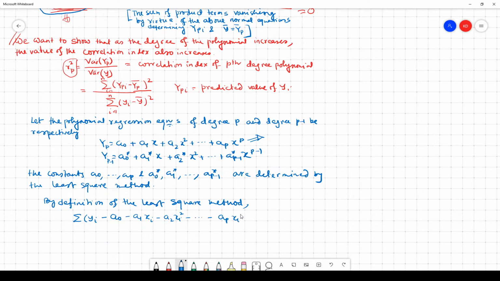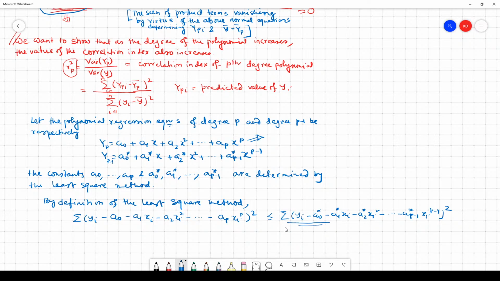...ap xi^p whole square. Now this should be less than or equal to the sum over yi minus a0 minus a1 xi minus a2 xi square minus ... minus a(p-1) xi^(p-1) whole square, because there is a smaller number of parameters when you use a p minus 1 degree polynomial.